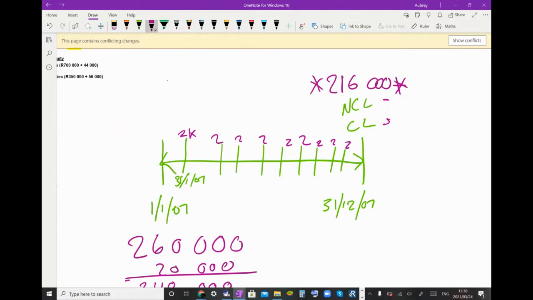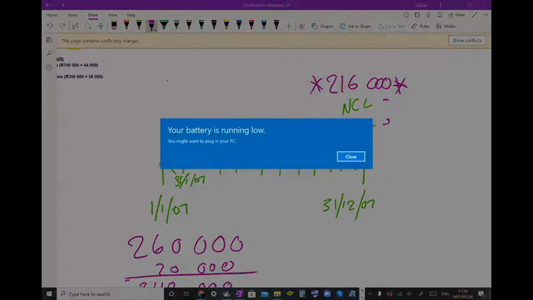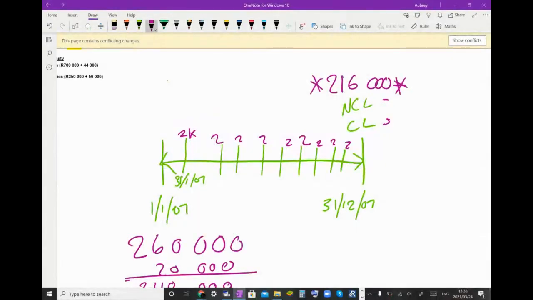So what we owe at this point is 216. But remember, the question asked us what our non-current liabilities and current liabilities are at that point. That's just the total of what we owe. So how do we work out how much we actually have in non-current liabilities and in current liabilities?